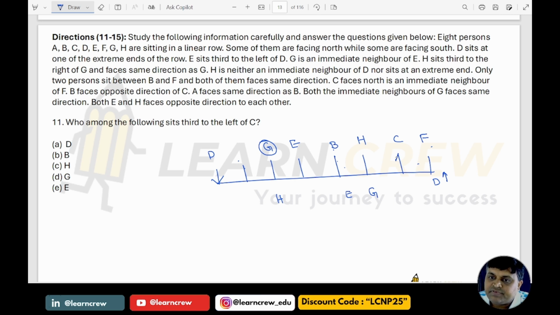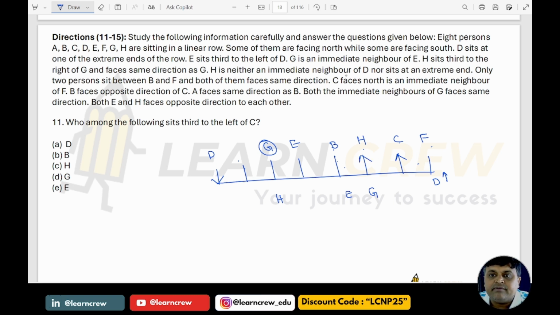Only two persons sit between B and F, that is H and C. Next, both of them face same direction. Only two persons and both of them face same direction means these two face same direction, H and C.